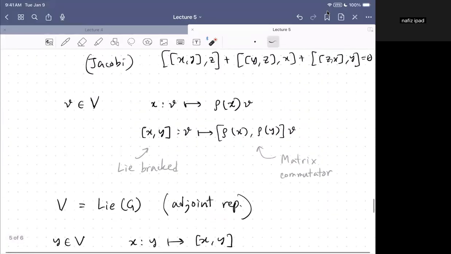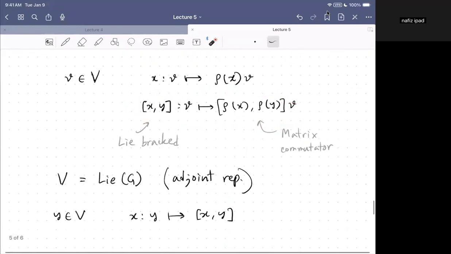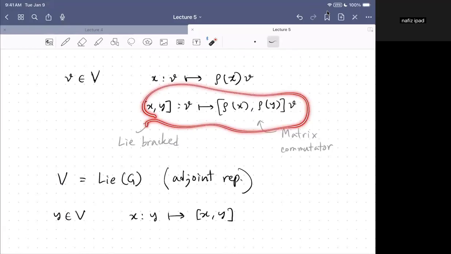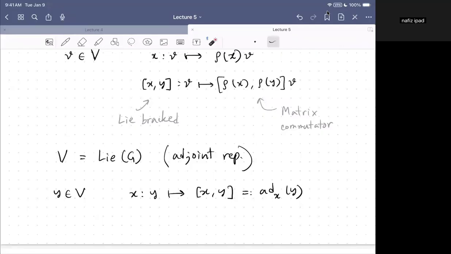Actually, before we figure out that matrix, is this true? Because we said that this has to be true for a map to be a representation. So let us introduce a notation. Let's call this thing ad x acting on y. We want to check whether this is true.